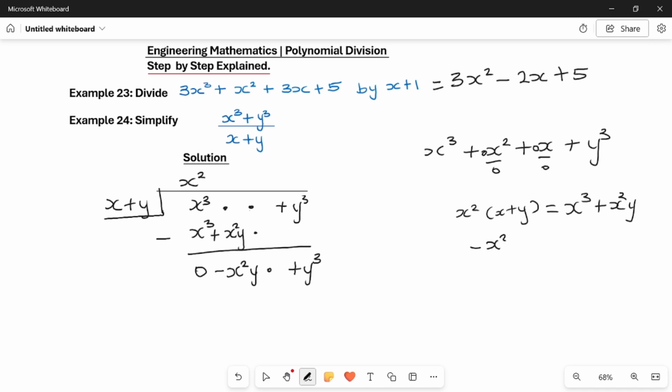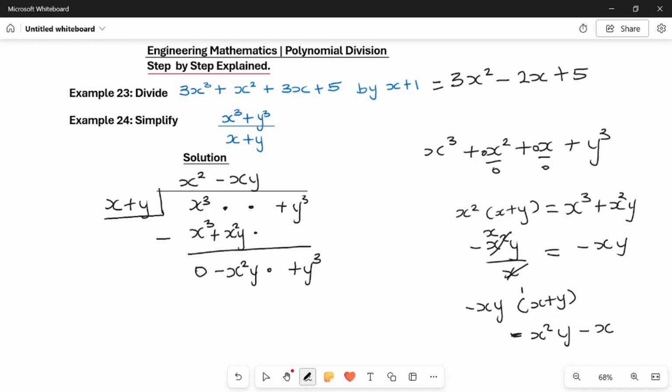Minus x squared y divided by x will give us minus xy, because x here will be 1, x here will be x. So we have minus xy. Write it down here. Minus xy. So minus xy times x plus y will give us minus x squared y minus xy squared.